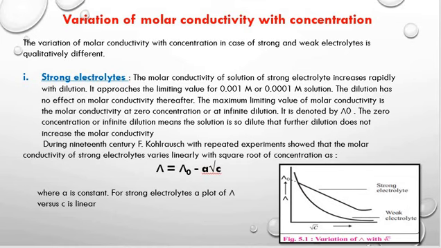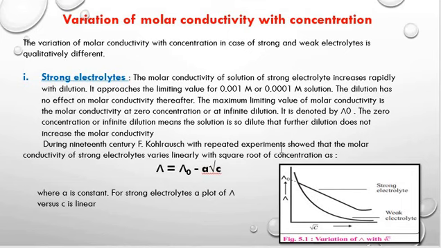The maximum limiting value of molar conductivity is the molar conductivity at zero concentration or at infinite dilution, and it is denoted by lambda naught. Zero concentration or infinite dilution means the solution is so dilute that there is no further increase in the molar conductivity.